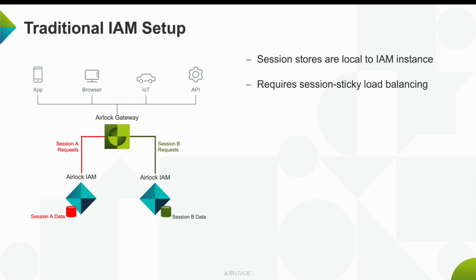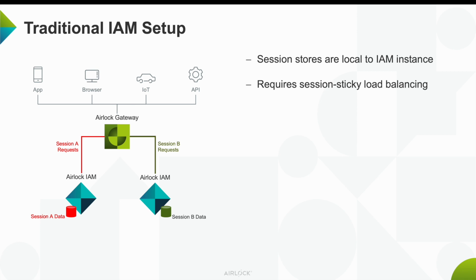So in the diagram on the left side, you see session A in red is stored in memory in the left Airlock IAM instance, and session B, for example the green one, is stored in memory on the right side.